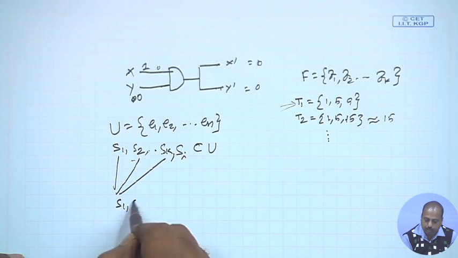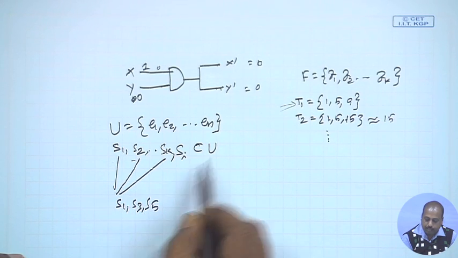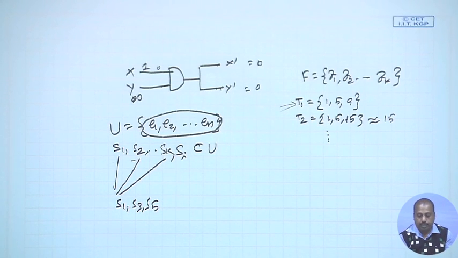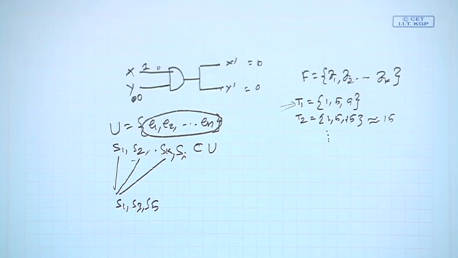Maybe I select S1, S3 and S5 such that all these elements will be covered by that. So, that is basically the set covering problem, but the point is that the set covering problem is an NP-hard problem. So, you cannot have an exact solution that will give you the optimum solution and the algorithm will run in polynomial time. That is not going to happen.